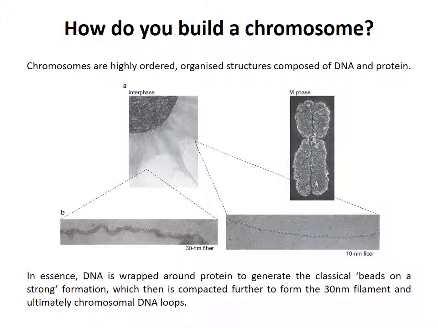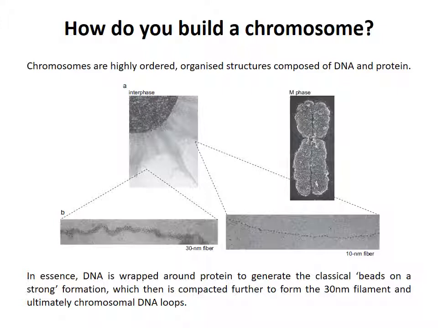And as you'll see, it's a multi-step and quite complex process that ultimately involves an ordered association between DNA and protein. So chromatin, which is what we are looking at when we look at this sort of material here in a chromosome, or indeed this sort of material here, which is a magnified chromosome, isn't DNA, but rather the association of DNA with a particular group of proteins called histones.